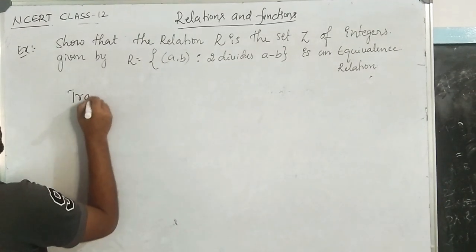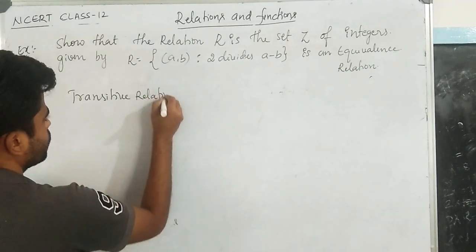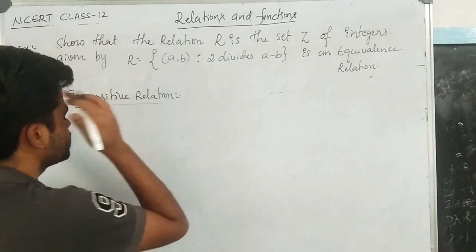Then we have to verify one more property, that is the transitive relation. How to verify? Let me check it.